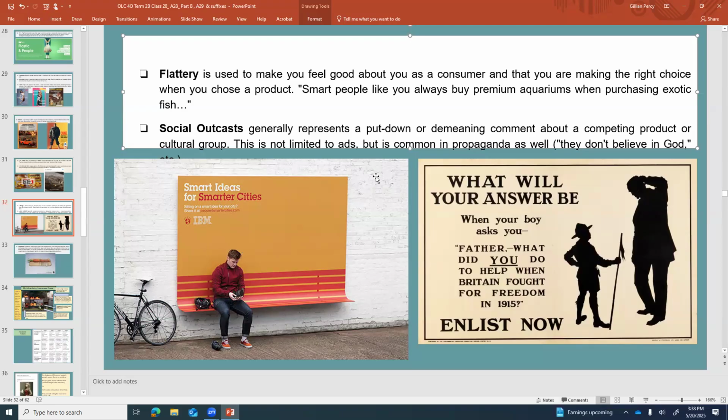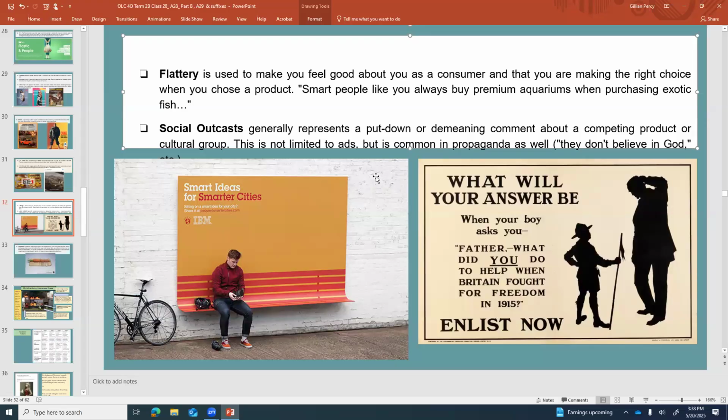The idea being that IBM is the computer or office products that smart people use. Social outcasts, that's generally a put down or an insult about a competing product or cultural group or people who don't buy this product. So this is actually an enlistment campaign where they're trying to encourage men to enlist during the First World War.